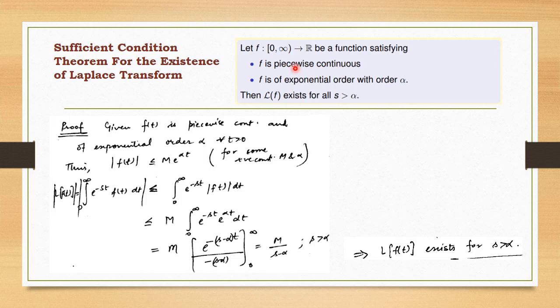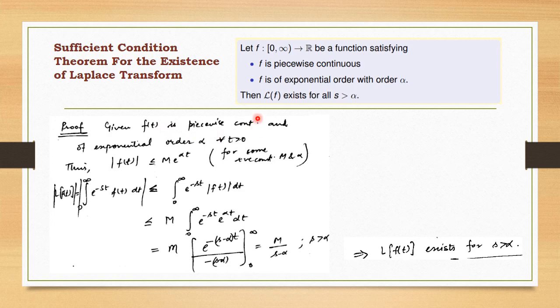So now just see what these conditions are. Let's suppose we are given a function defined on 0 to infinity, up to r, satisfying two conditions: the function is piecewise continuous, and secondly it is of exponential order alpha. Then the Laplace transform of f always exists for all s greater than alpha. Now just see the proof.